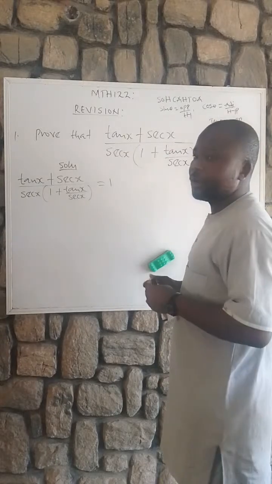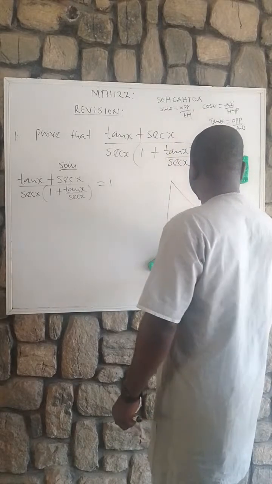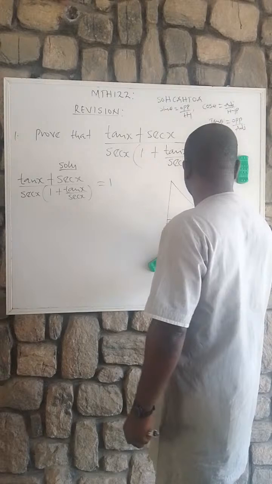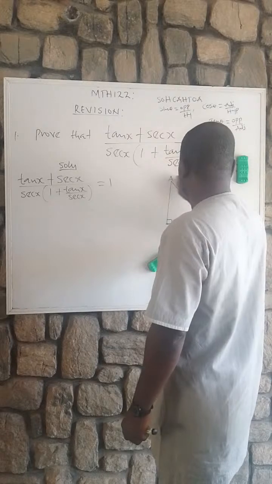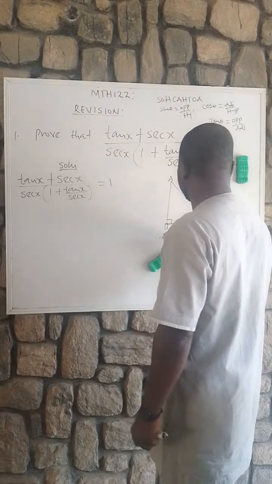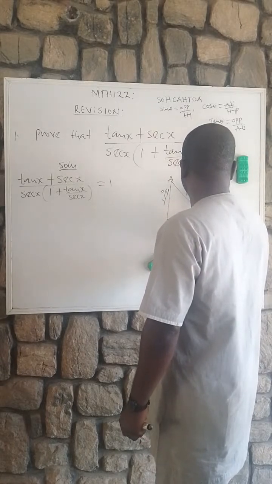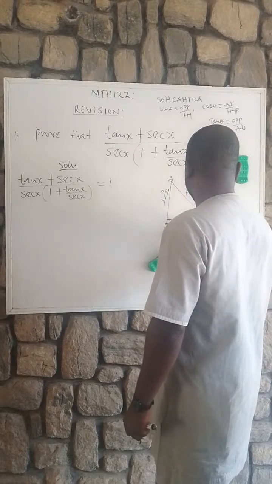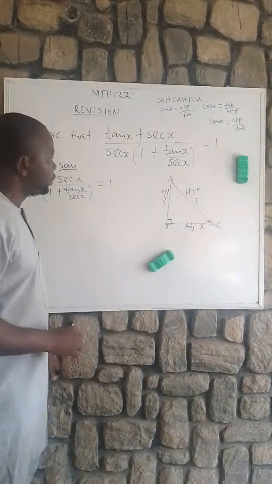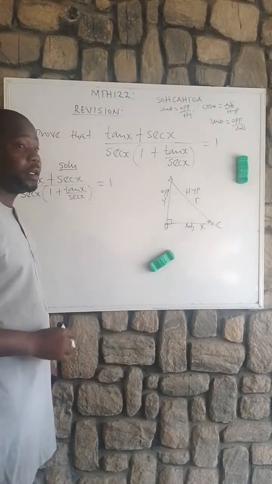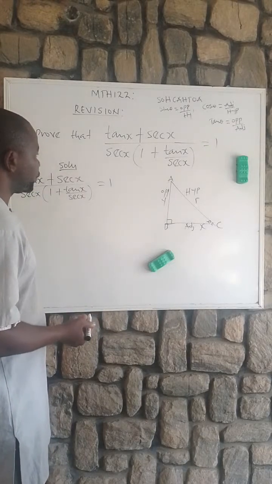So let's have a right angle triangle, with angle theta. There is opposite y, there is hypotenuse r, and here is x, adjacent. True or false? It's true, right?